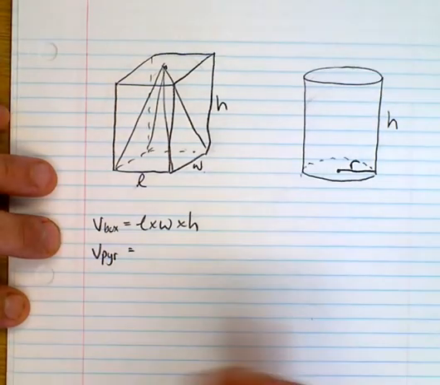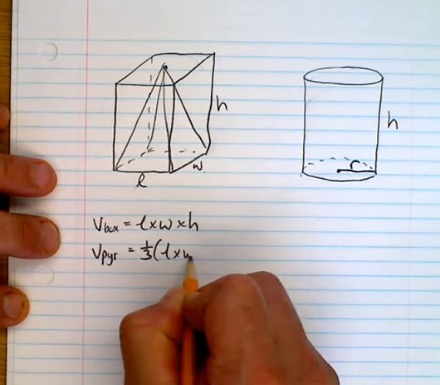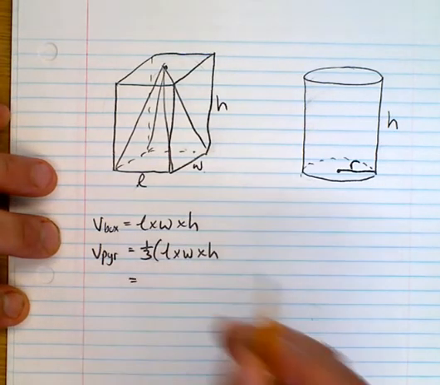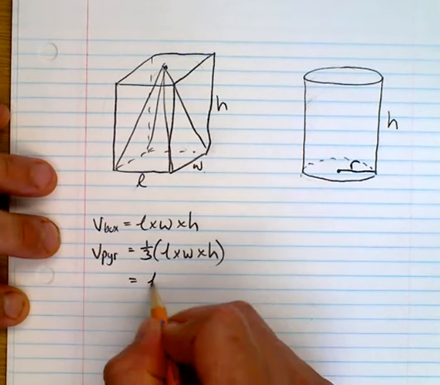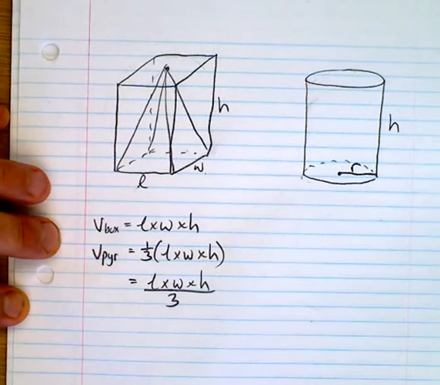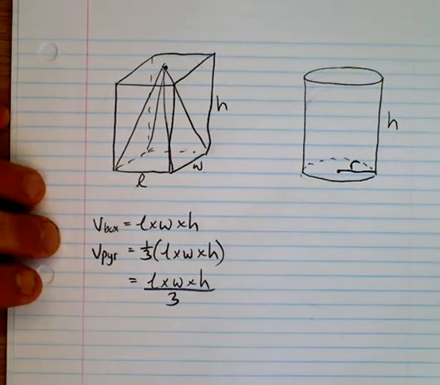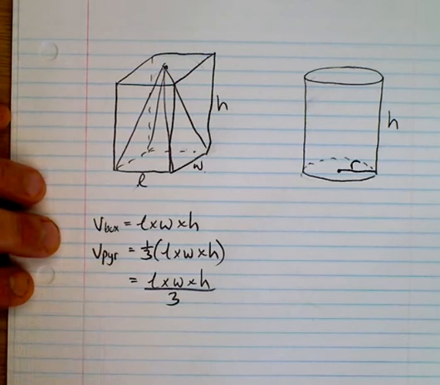It just so happens, ladies and gentlemen, that it's a third of the length times the width times the height. Another way to write that is length times width times height divided by 3. That is simply the volume of a pyramid. In order to find the volume of a pyramid, all you need to do is use that formula.